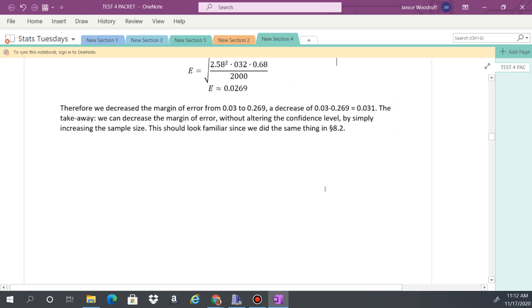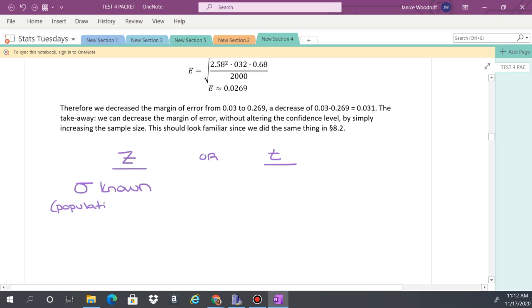So before we go on, I just want to go over when to use T and when to use Z. All right, so we are going to use Z when you have a known standard deviation. So the sigma is known, which is the population.